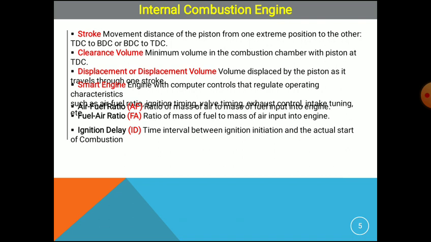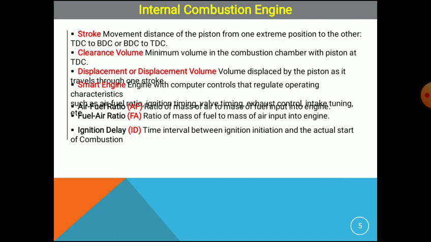Clearance volume is the minimum volume in the combustion chamber with the piston at TDC. When the piston reaches the top dead center, the minimal or vacant space that remains is known as the clearance volume.